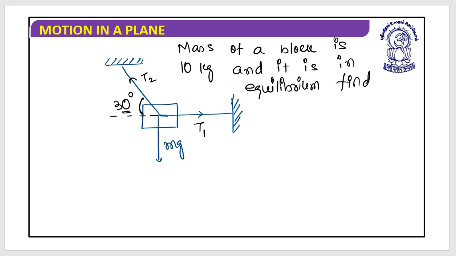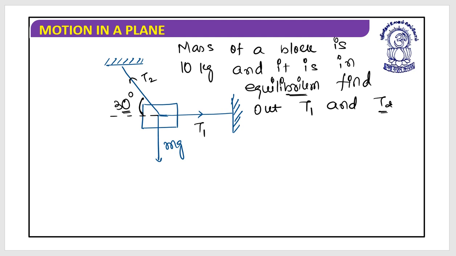Find out T1 and T2. I know that at this point you don't know how the tension would act and something like this, but think according to the vectors only. This is a question of vectors only. We are not going to discuss anything about the tension forces. So if I consider this as vectors only, look at this.